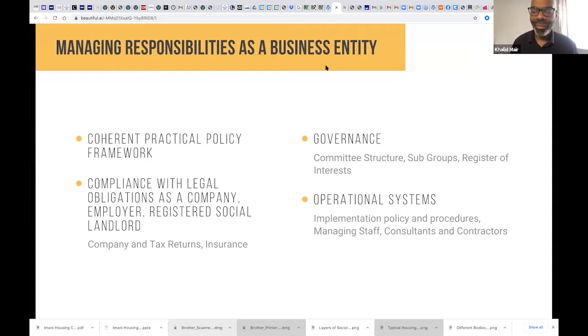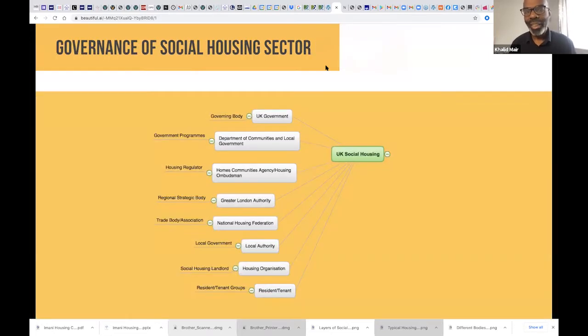Needless to say, you have to have all the governance in place, and the operational systems in place, whether you're managing staff or dealing with consultants, as we were a lot in those days. You had to have systems to take on contractors and monitor their work ongoing. So this is the governance of the social housing sector.